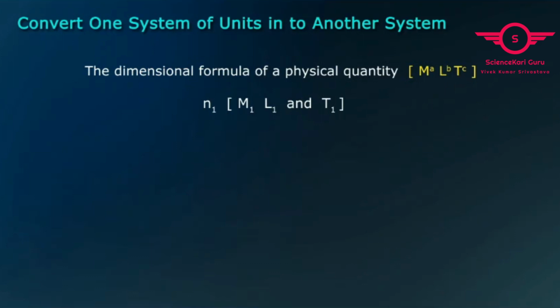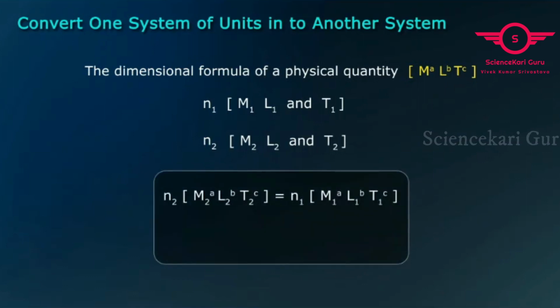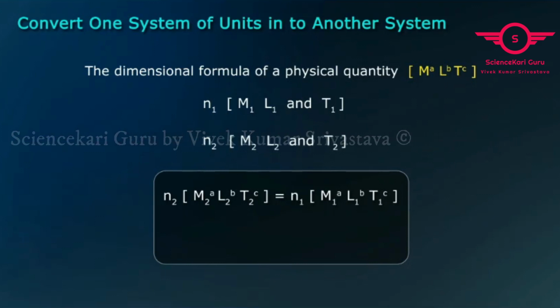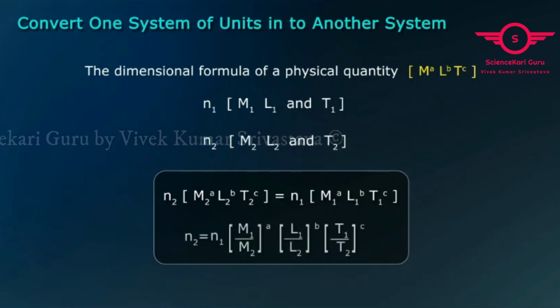Then the numerical value n2 in another system in which unit of fundamental quantities are M2, L2 and T2 is given by n2 into M2 power a, L2 power b, T2 power c is equal to n1 into M1 power a, L1 power b, T1 power c.